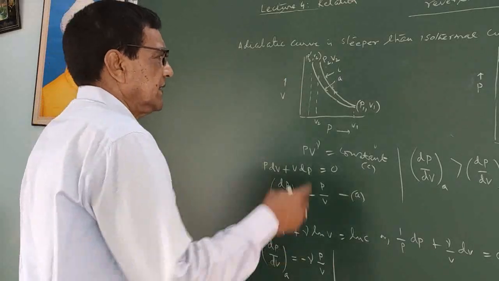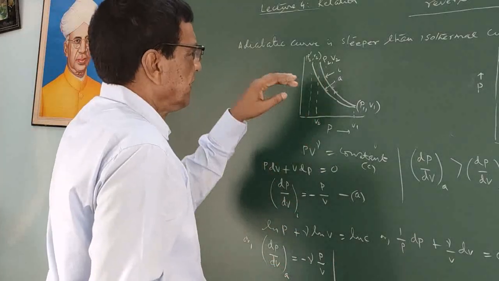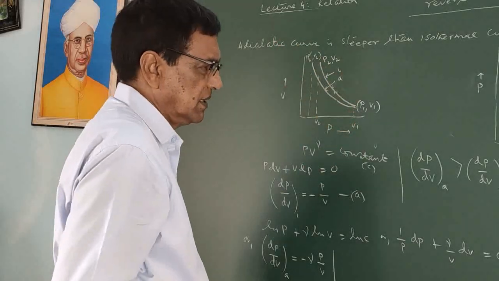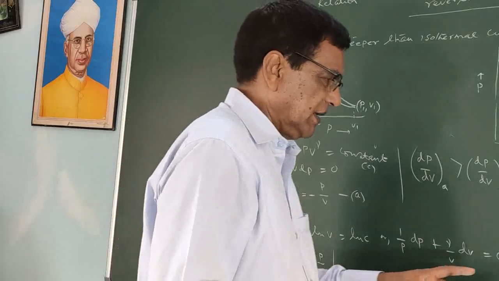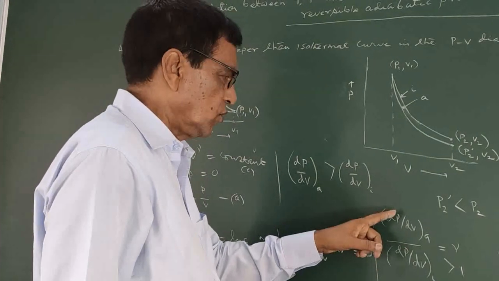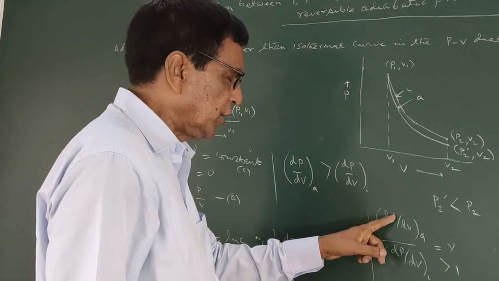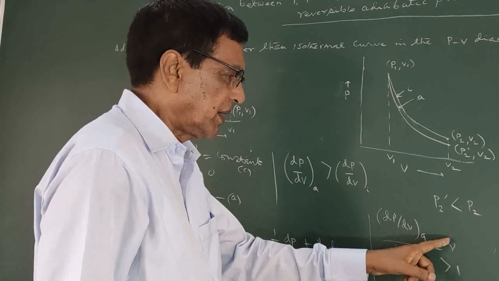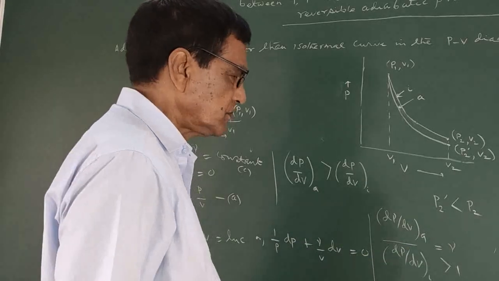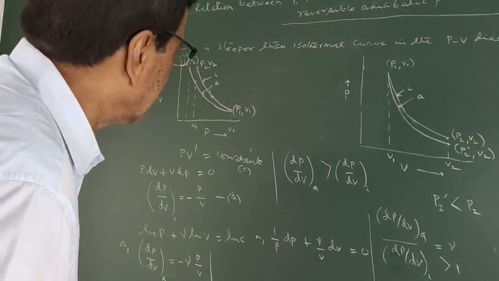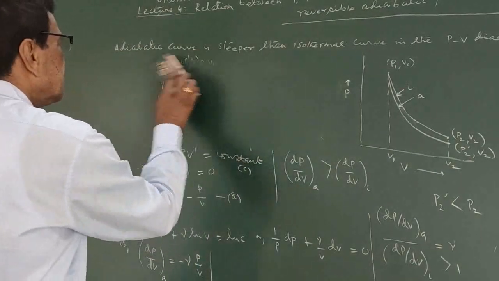Here also the adiabatic curve is steeper than the isothermal. It is quite natural. If we do it mathematically, then this will go down to the numerator and this will come in the denominator, and it will be 1 by gamma, and so this will give the same conclusions.